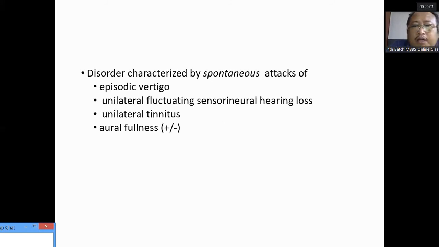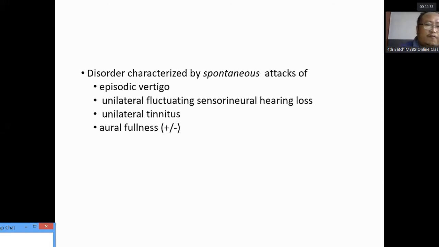But nowadays another symptom, aural fullness, has been added. It might or might not be present in the initial phase, but most patients feel that there is some kind of fullness in the ear, and after that the vertigo develops. Or after vertigo, the patients may continue with the fullness.